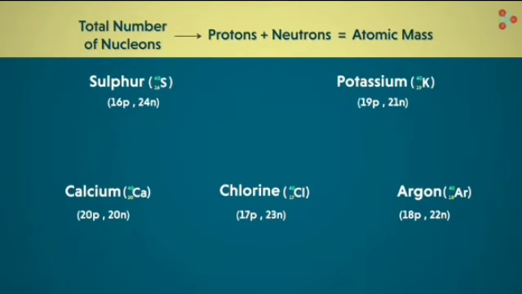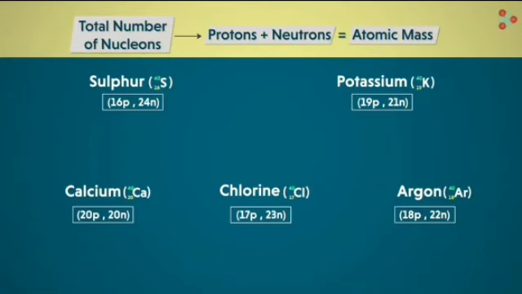That is sulfur, 16 protons and 24 neutrons, potassium, 19 protons and 21 neutrons. Similarly for calcium, chlorine and argon also the numbers of protons and neutrons are given. So we can easily calculate the atomic mass in all the cases.